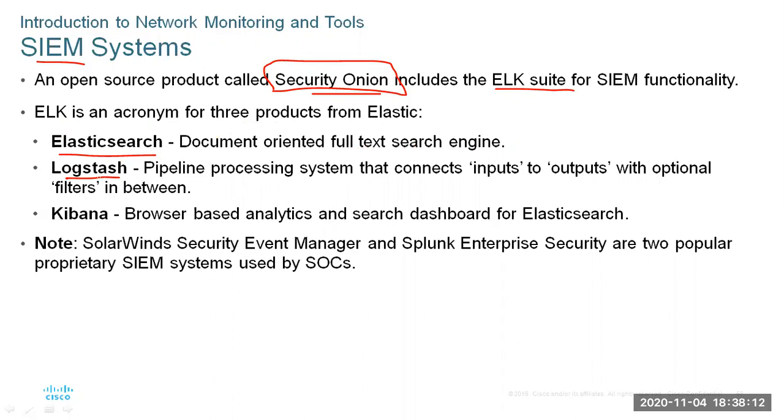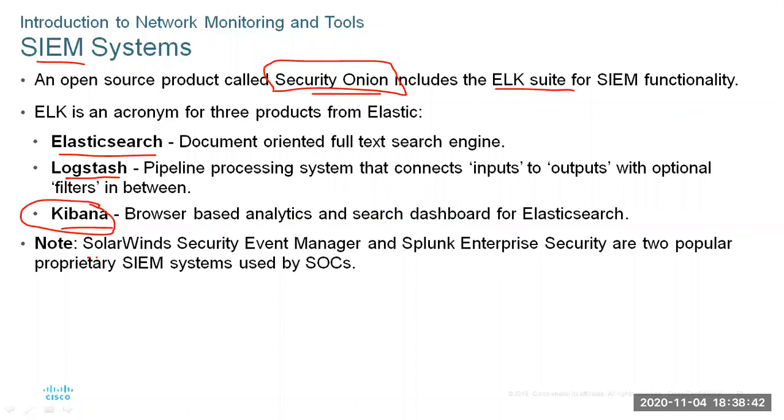Logstash is a pipeline processing system that connects inputs to outputs with optional filters in between. And Kibana is a browser-based analytics and search dashboard for Elasticsearch.